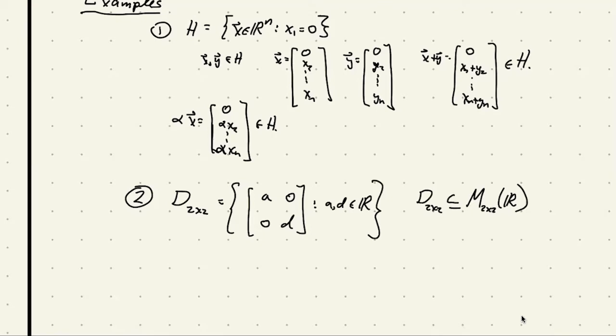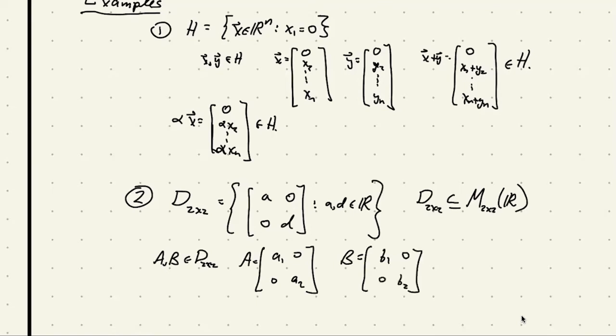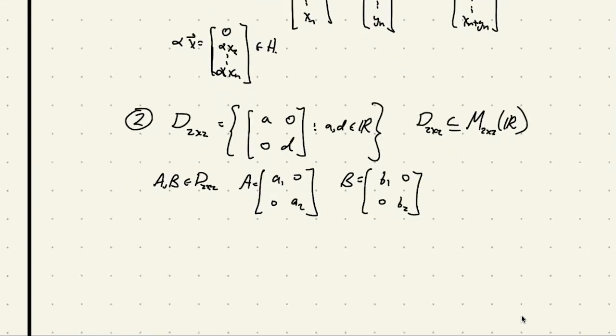If I take two matrices that are diagonal, I can write A as A1, A2 on the main diagonal, B as B1, B2 on the diagonal. A plus B, since I define everything component-wise, everything's fine.